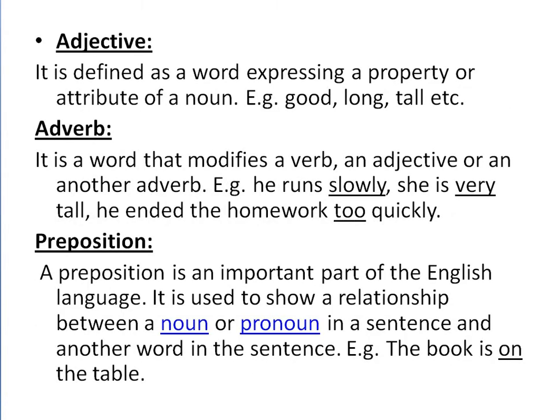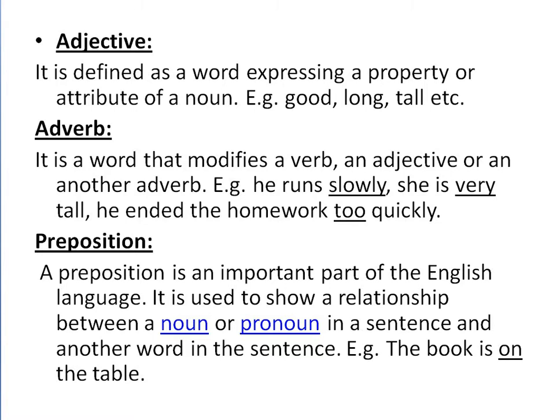Adjective. It is defined as a word expressing a property or attribute of a noun. So what is an adjective? An adjective always defines a noun. It explains the quality of a noun, how a noun looks or how it is.